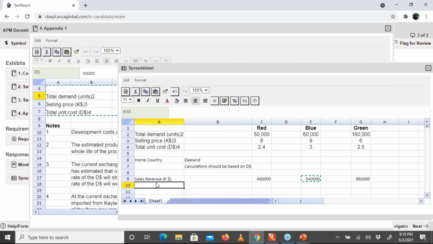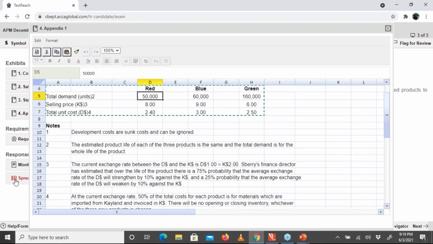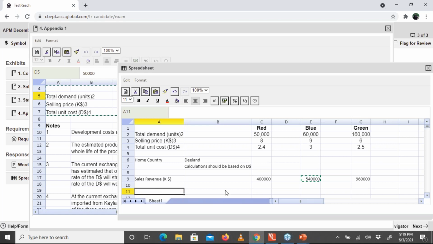So the next thing, I repeat, is you have to understand scenario number one.